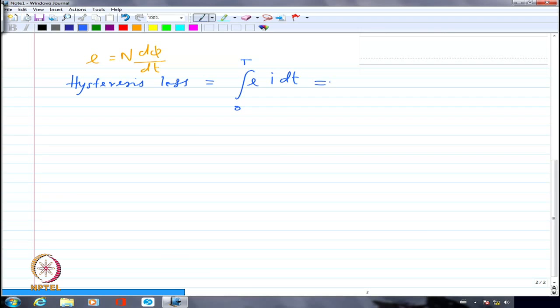The same thing can be written as N d phi by dt multiplied by I multiplied by dt. So this dt and this dt I can cancel.